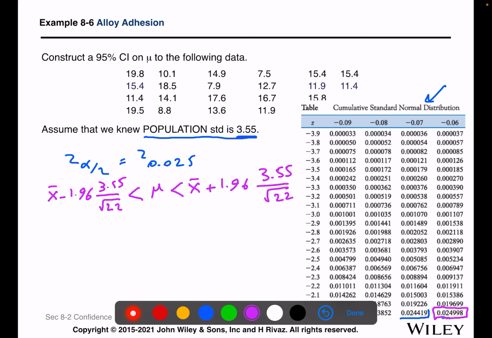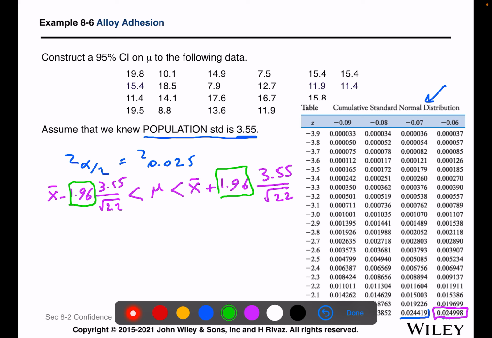So that's the solution in this case. Everything is quite similar to the case for the previous slide. The only difference is that here I'm using the normal distribution to find 1.96 instead of the t distribution, right?